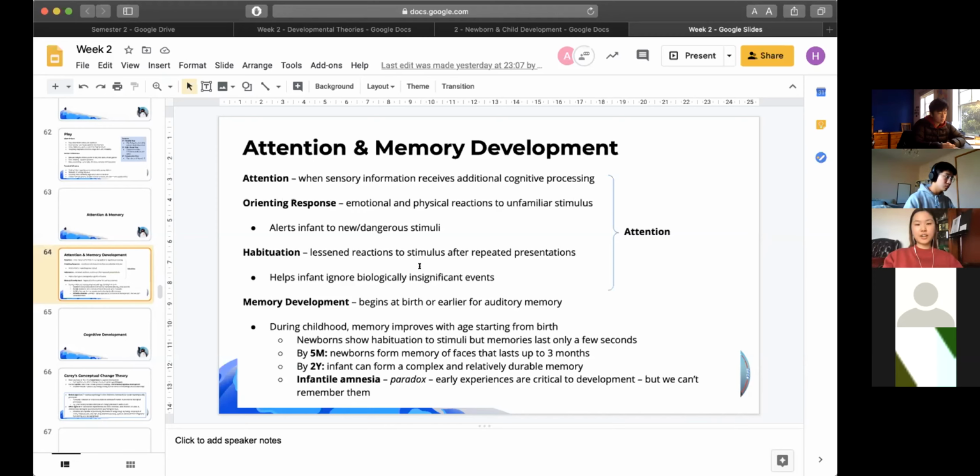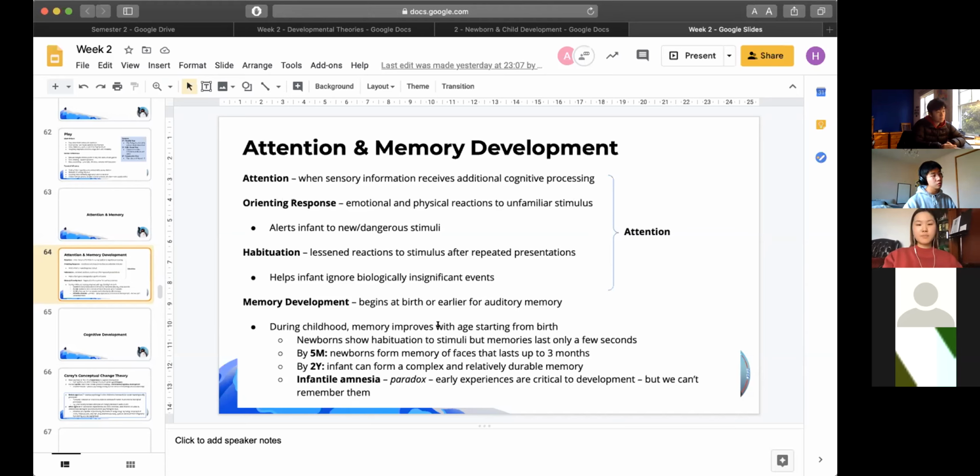Habituation is lessened reactions to the stimulus after repeated presentations. So after you put a kid in a situation again and again, it'll lessen the reaction to that stimulus. And then memory development will begin at birth or even earlier for auditory memory.